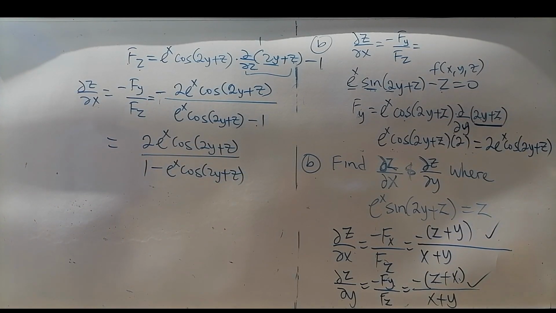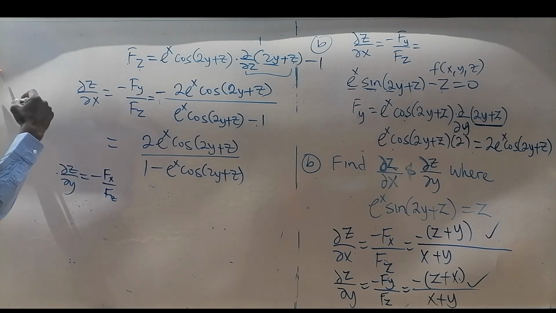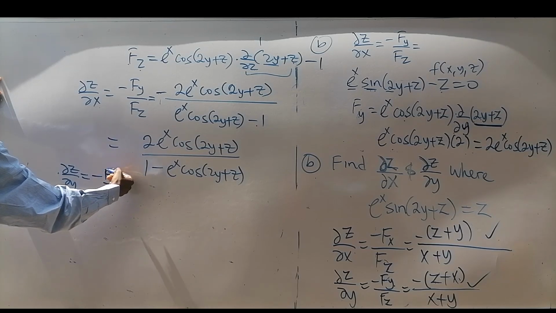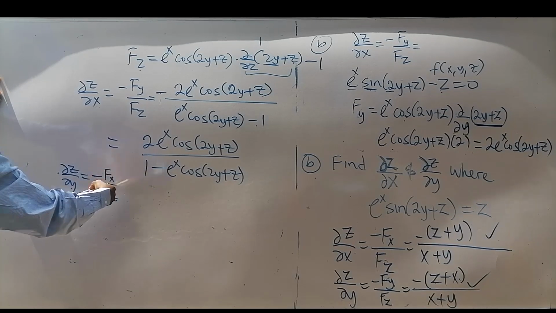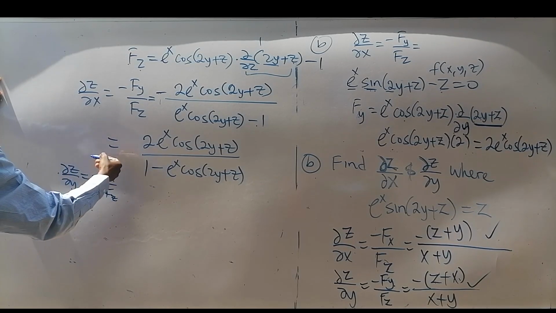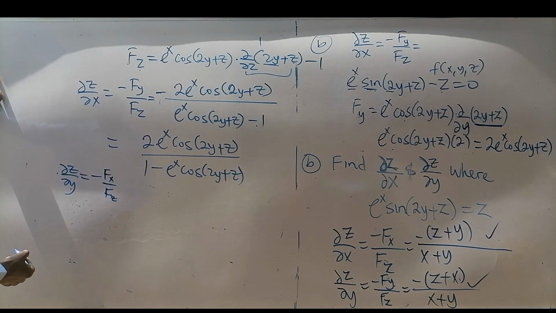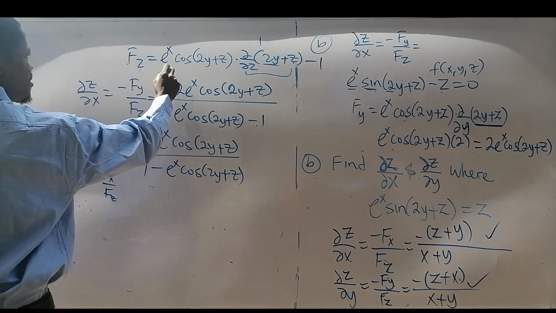Let's get the del z del y, and the formula is what? So the trick is this: if you are doing the function with respect to y, you ensure that there is no subscript of y in your formula again. Okay, it's going to start from minus f subscript x over what? F subscript z. We've gotten the value for f subscript z.